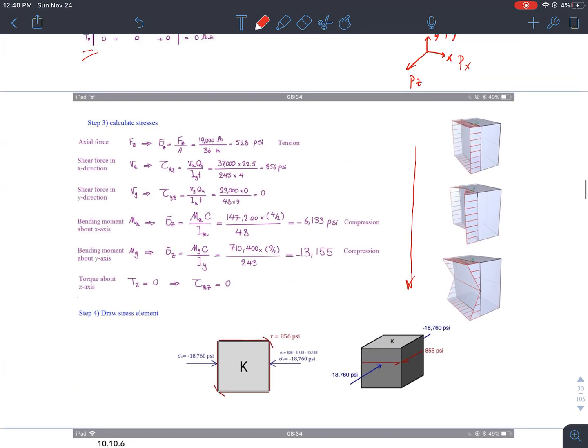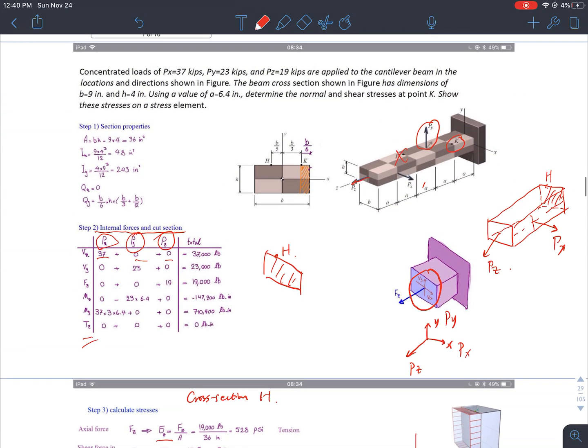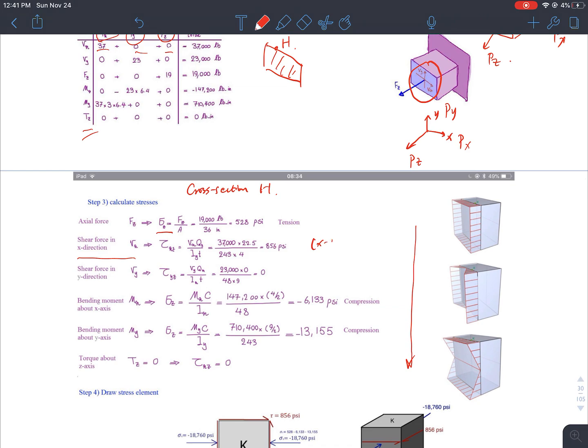Okay, all right. So summarizing from all these tables right here, for cross section H, I have normal force. I also have shear force in terms of x direction.